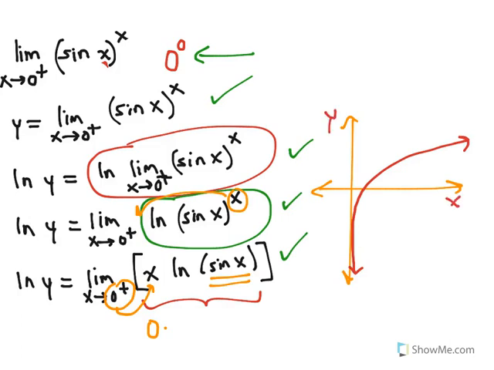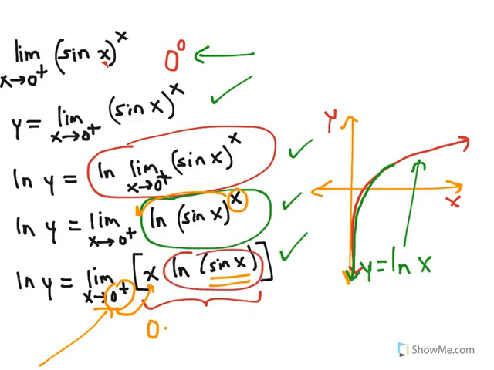So what happens as x approaches 0 from the right side of 0? The values of the natural log function will approach negative infinity. So this value here will be negative infinity.